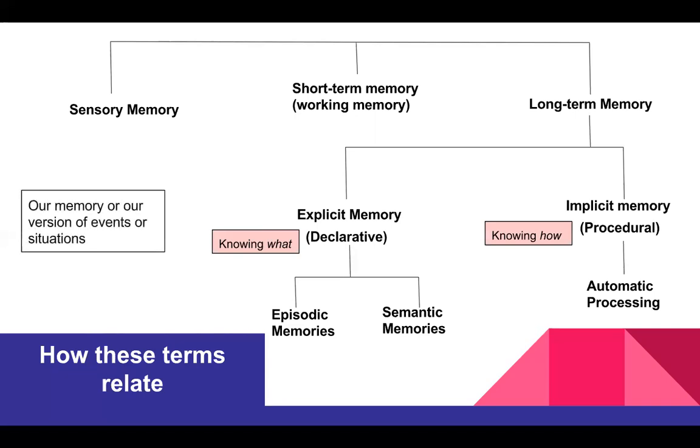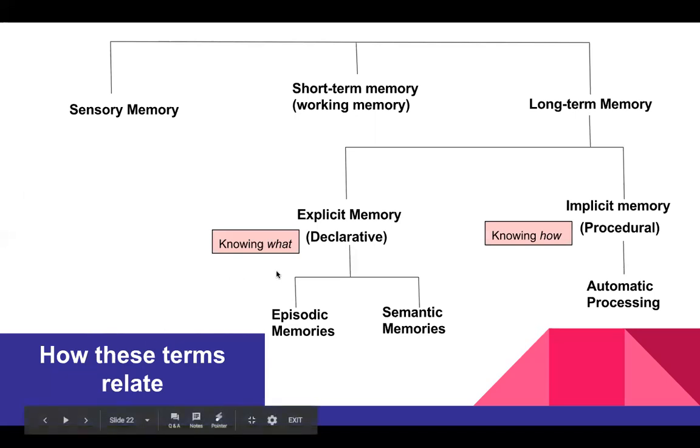So explicit memory, if you look over here on the left-hand side of the screen, it's going to go away in a second, so make sure you grab it. Okay, so I'm sorry I'm messing this up for you.